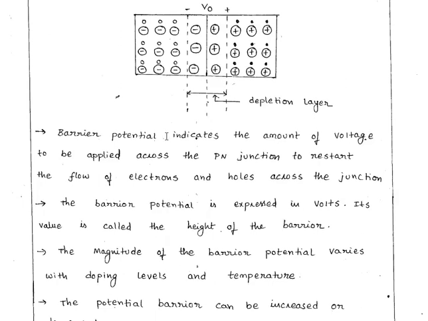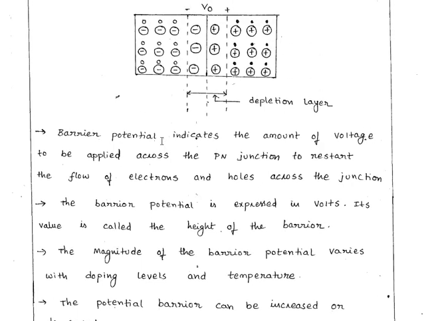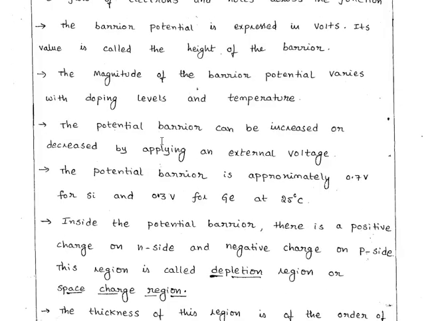The magnitude of the barrier varies with the doping levels and temperature. The potential barrier can be increased or decreased based on external voltage. At room temperature, it is approximately 0.3 volts for germanium and 0.7 volts for silicon.